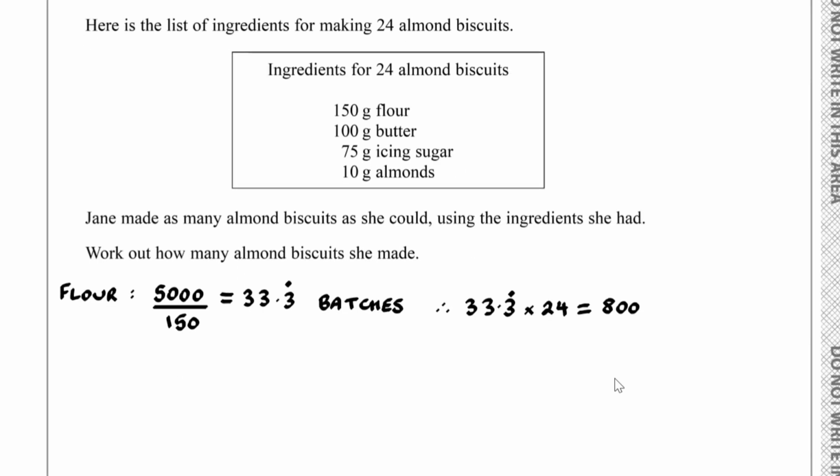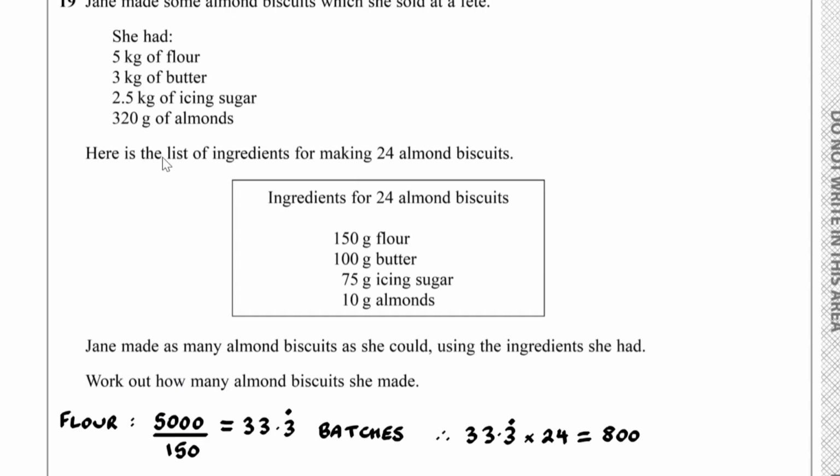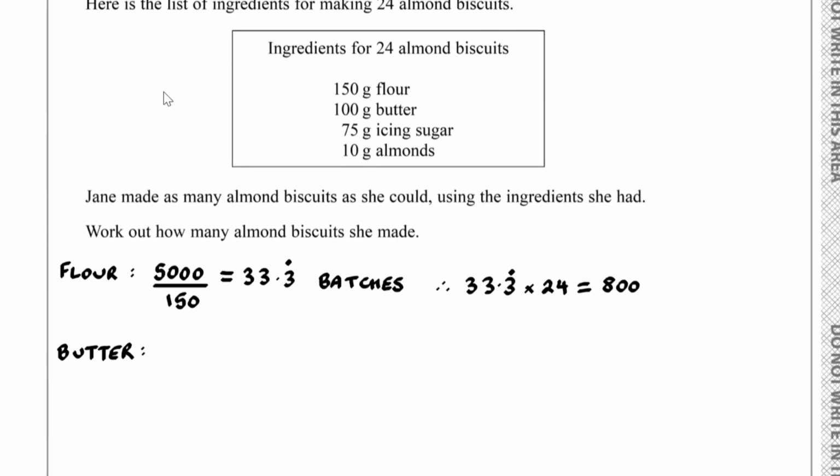Now, if we think about butter, with butter I've got 3,000 grams of butter available, and if I divide this by 100, what we will get is 30. So what I can make with butter is 30 batches of this 24.